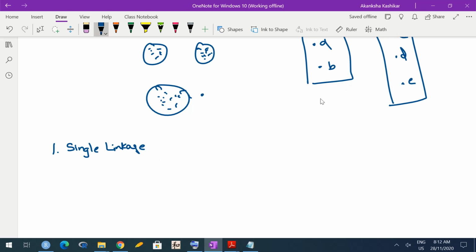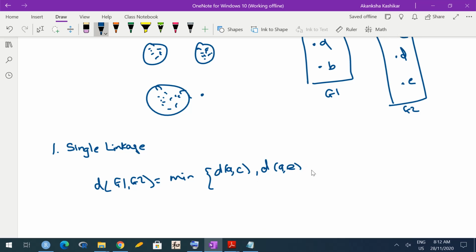So single linkage distance between these two groups, let me call them group 1 and group 2, would be the minimum, that is the smallest, over all possible distances: AC, AD, AE and BC, BD, BE.